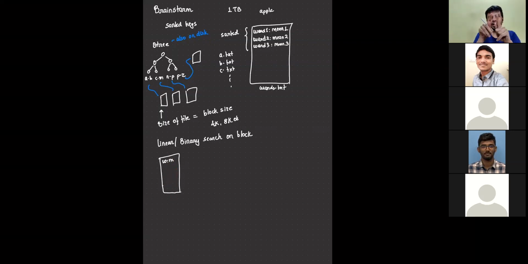You would store a pointer to a separate file where the 4 MB of entire data is stored at one place, so that your lookup is faster. You're able to make a quick binary search here and then get the data out of it, because you can at least fit in 100, 150 keys within this block, and then have an explicit pointer that points to its meaning, which is stored at a different place.